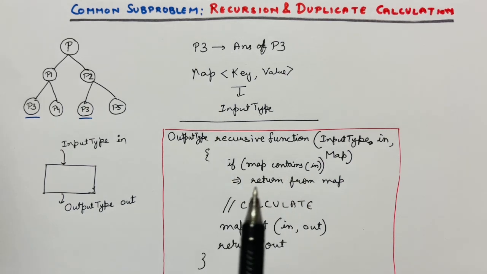If it exists, we return it directly from the map and we do not calculate. And if it does not exist, we write the whole logic of calculation. And then before returning the result for this input, we put that in the map so that if some time later the call for this input comes again, we don't have to calculate again, but we can directly return from here.